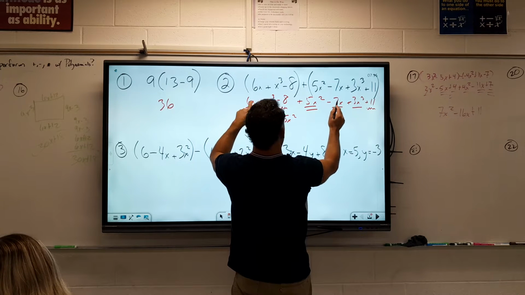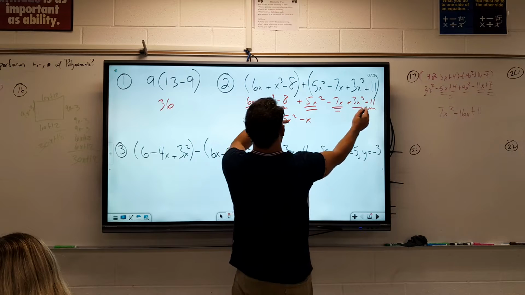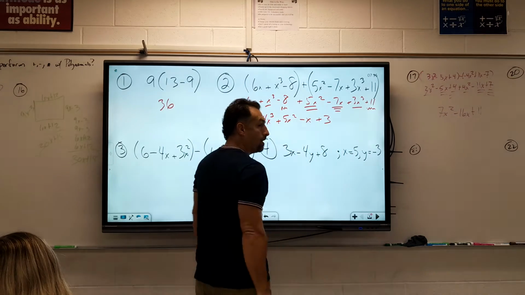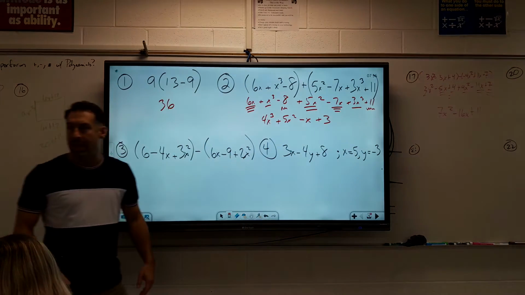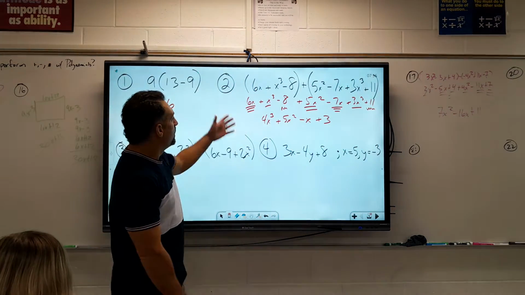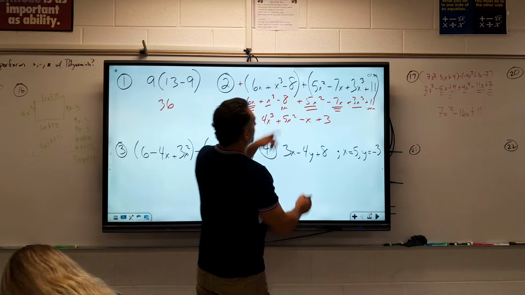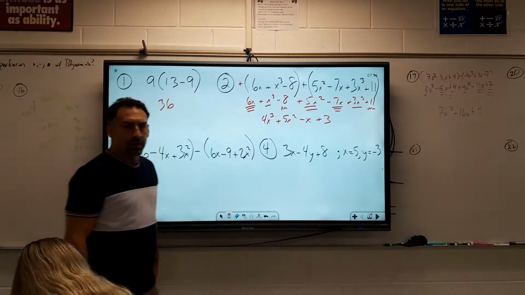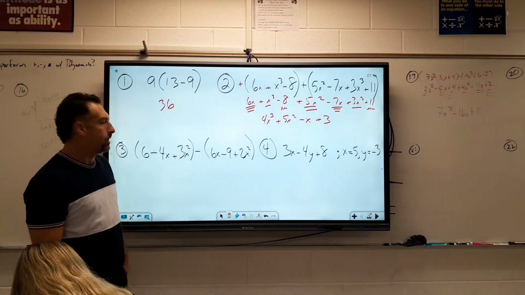Is there anything else that goes here? Negative x. 3. Y'all got that? Okay, it's a collect like terms question. I know we call it addition, but since this is an understood positive, the parentheses just go away. You're really just collecting like terms.